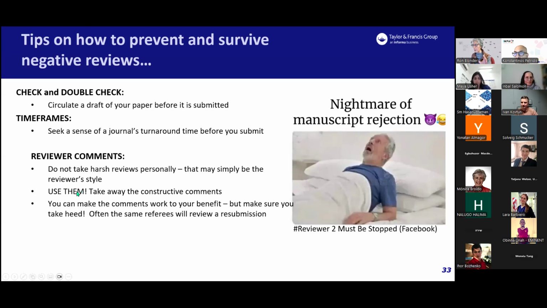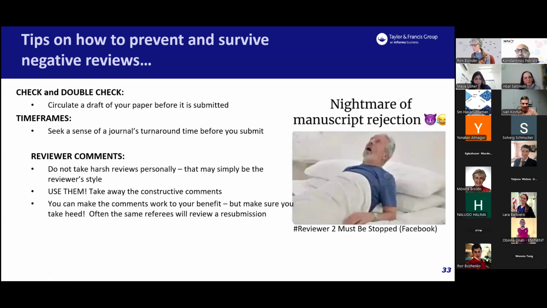And first of all, don't take them personally. It's not for you, it's for the paper, okay? And maybe it is a little bit not soft because this is a reviewer style. Don't try to overinterpret the reviewer's comment.